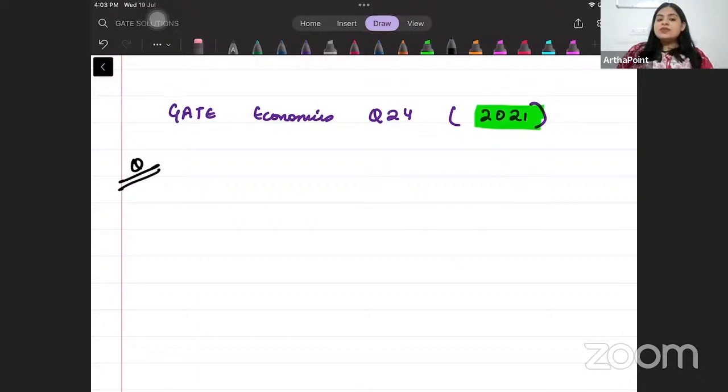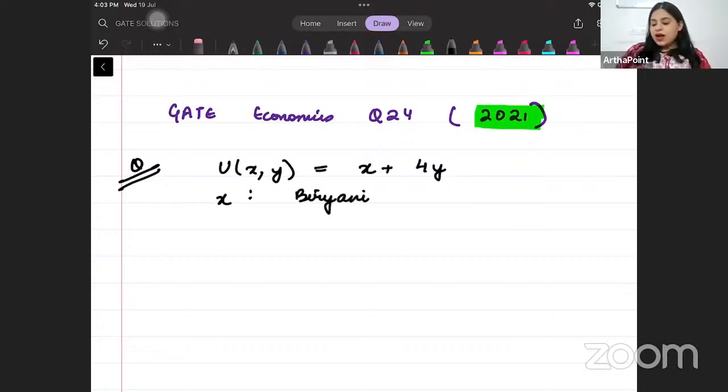It says that there is a person called Trisha and her consumption preferences are given by U(X,Y) is equal to X plus 4Y. It is given that X is biryani and Y is pudding.